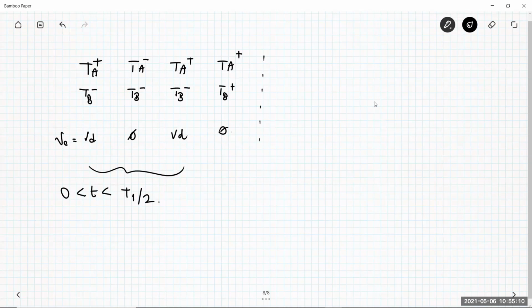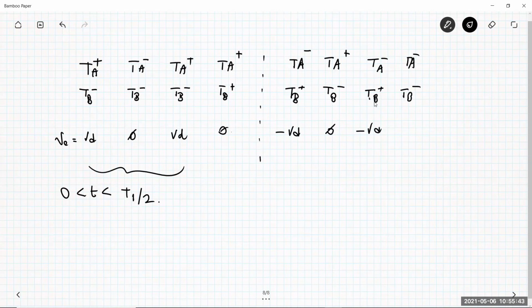Then for the second half of the period, you have TA minus, TB plus, and then TA plus, TB plus for having negative VD, 0, and then TA minus, TB plus for negative VD, and TA minus, TB minus for having 0.